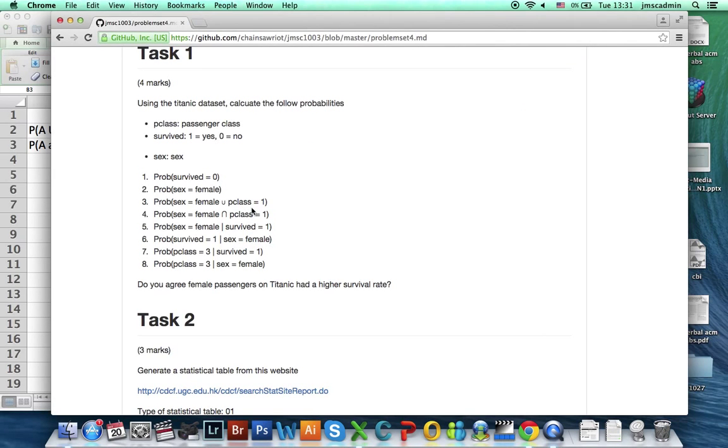Question 4 is to calculate the intersect between the event of sex equal to female and the passenger class equal to 1.